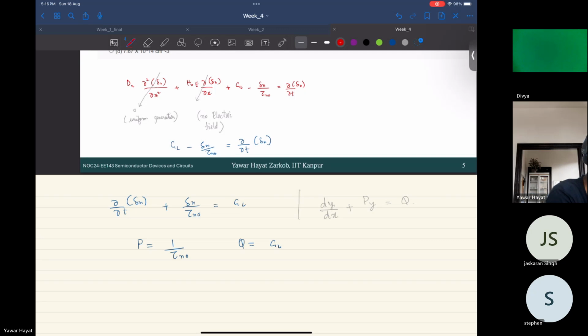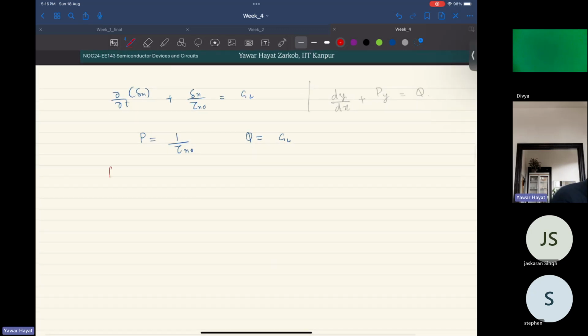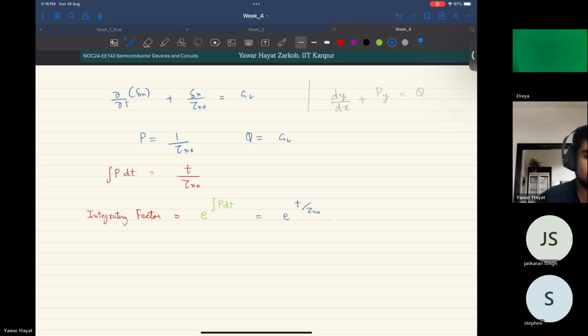So what is the integral p dt? Integral p dt is nothing but t by tau n0 simply, right? And your integrating factor is equal to the exponential of this integral p dt, so this is exponential of t by tau n0, right?